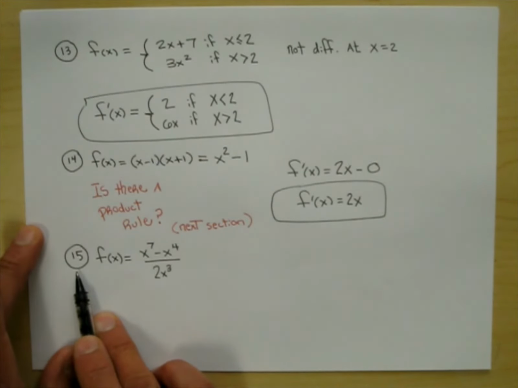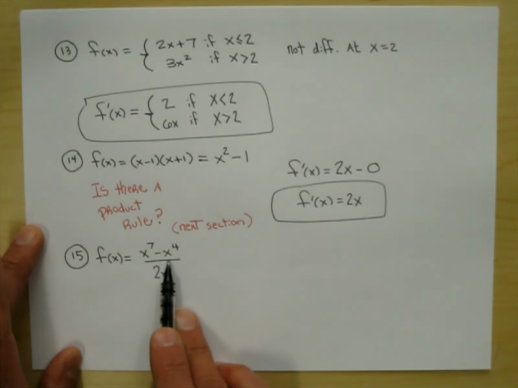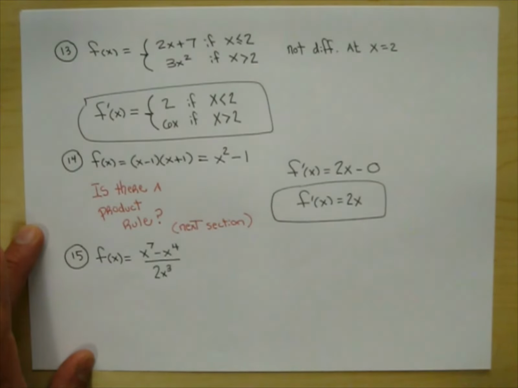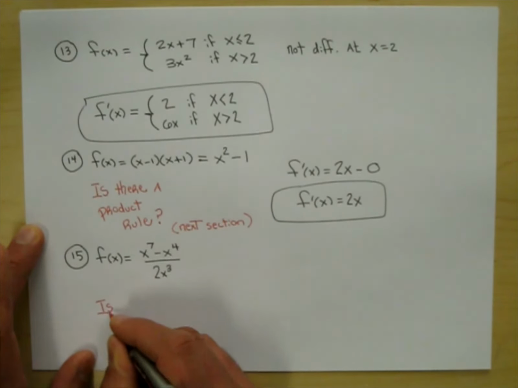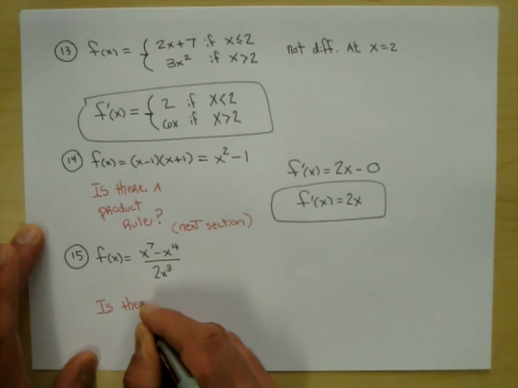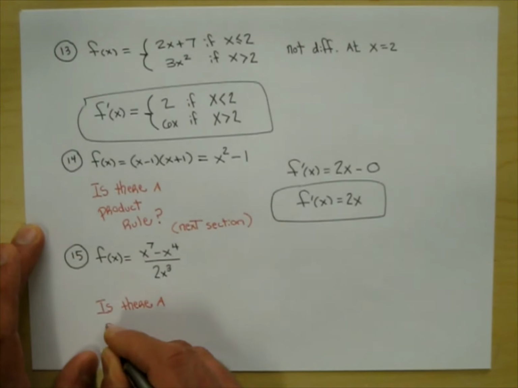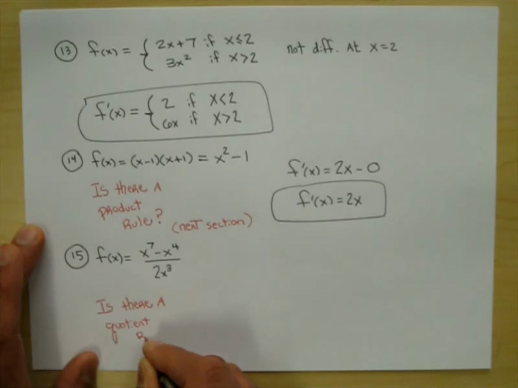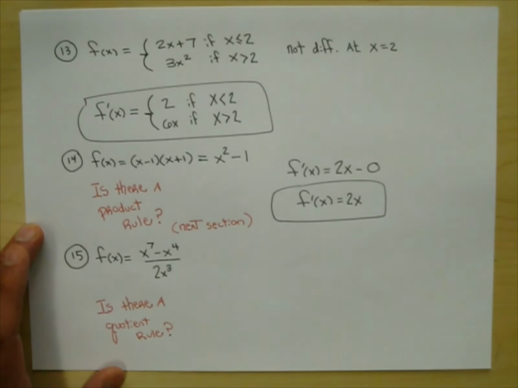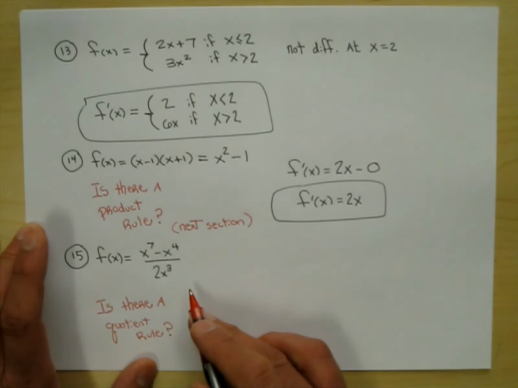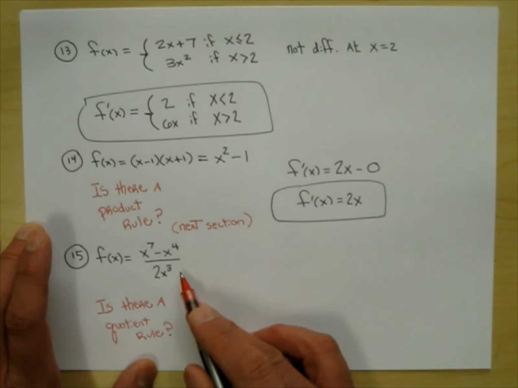Problem number 15. Look what I have. I have a quotient. That means it's like a fraction. You have stuff on the top, stuff on the bottom. Is there a quotient rule? Well, there is a quotient rule, and that's going to be more complicated than you might think.